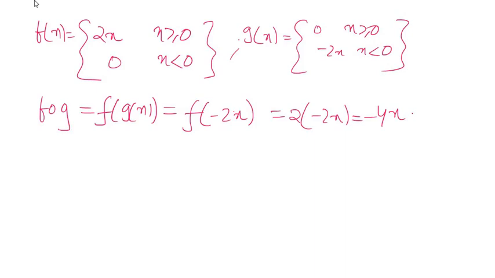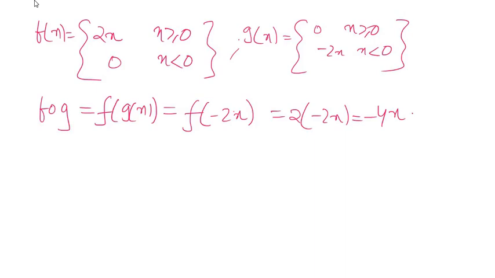But before proceeding to g of f, let me explain f of g in detail. Now f of g of x is equal to f of minus 2x, that is minus 4x. But how is it? The value of g of x is minus 2x for x less than 0. For x less than 0, the value of g of x is minus 2x.